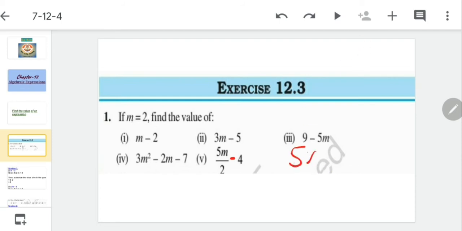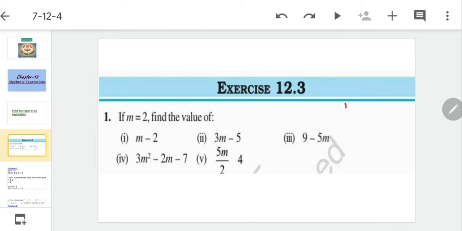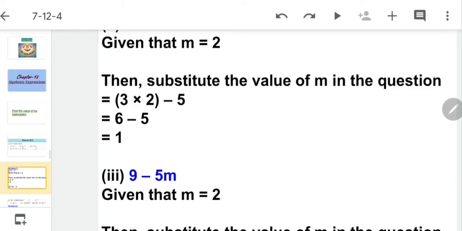So 5 into 2 upon 2 minus 4. So 5 into 2 gives us 10 upon 2 minus 4. Then we can directly divide 10 by 2, and it will give us 5 minus 4. So 5 minus 4 is 1. So this is the solution for the last part.